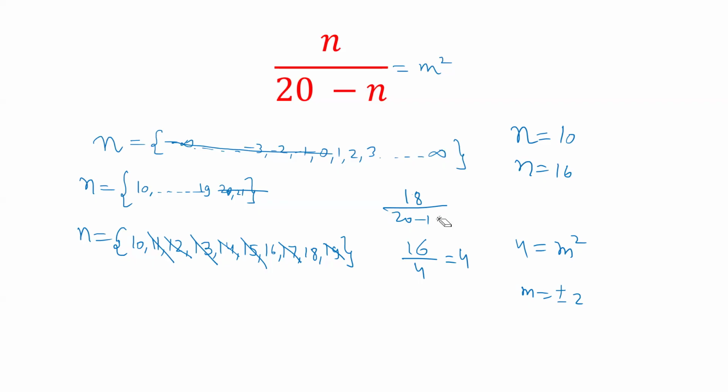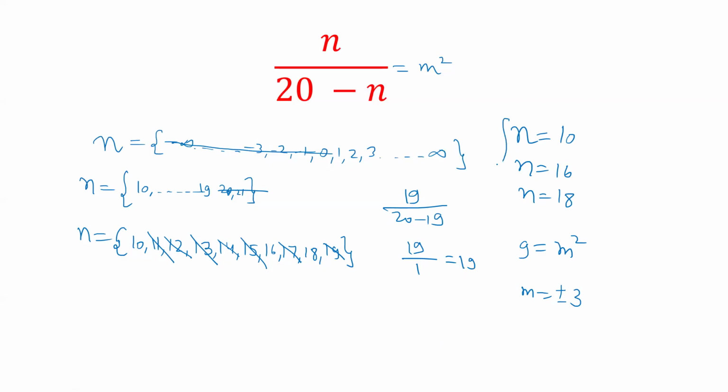Now taking 18, 18 upon 20 minus 18 is 18 by 2, which is 9, and m square is 9, so m is plus or minus 3, which is again an integer. So n can be 18. n cannot be 19; although it gives an integer, 19 upon 1, it is not a square of an integer.